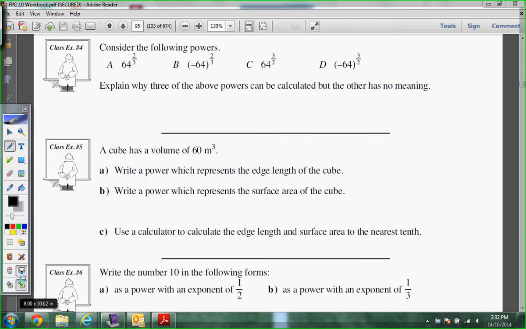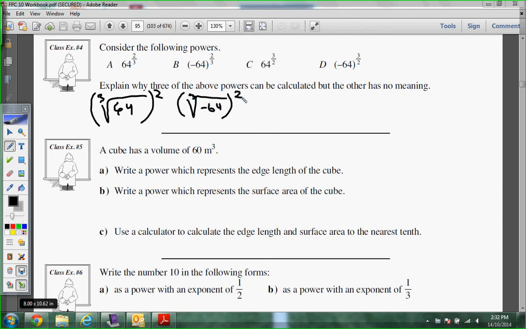Okay, consider the following powers. Explain why 3 of the above powers can be calculated, but the other has no meaning. Okay, so 64 to the 2/3. So that means cube root of 64 squared. Is that okay? We can do that, right? Yeah. Okay. Next one. Cube root of negative 64 squared.